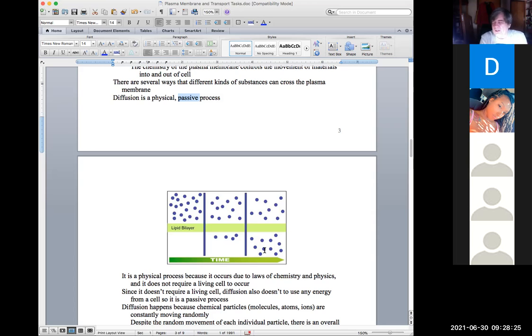Now, you've all experienced diffusion. At some point, I bet you've spilled some kind of cleaning agent, maybe something with ammonia in it that has a fairly strong smell, or maybe you've spilled a perfume or a cologne. When you first spill that substance, all the smell is concentrated right around the area of the spill.